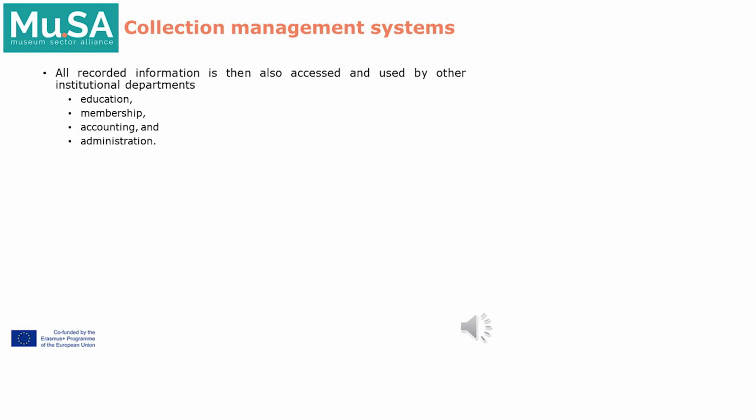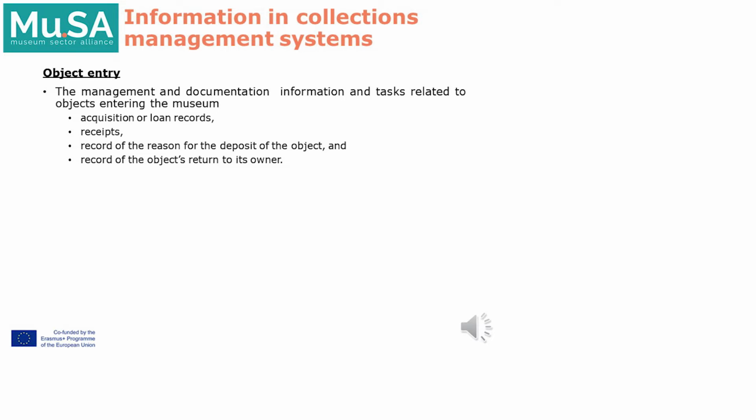After being recorded, all information is then also accessed and used by other institutional departments such as education, membership, accounting, and administration. But what kind of information is stored in collection management systems?